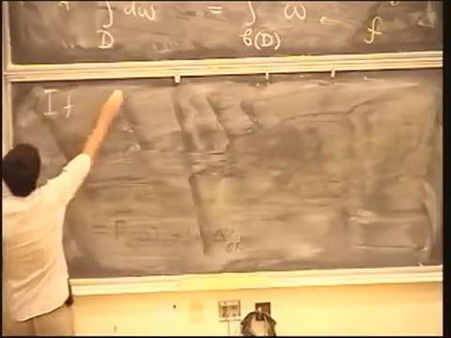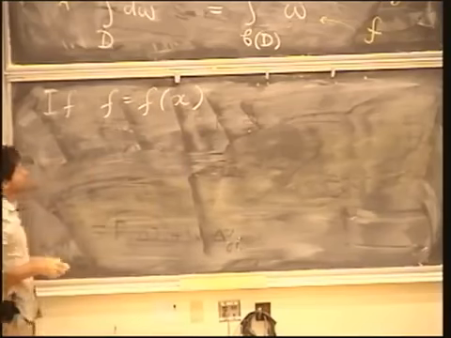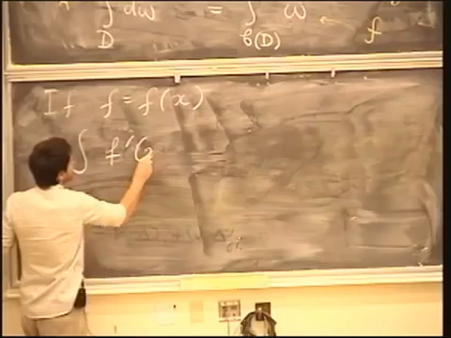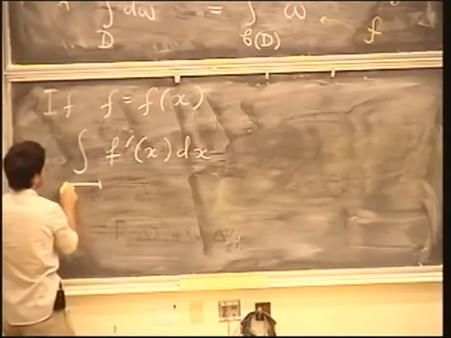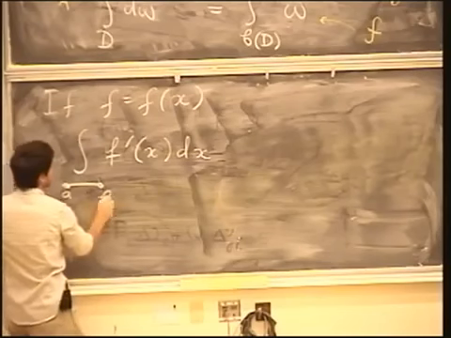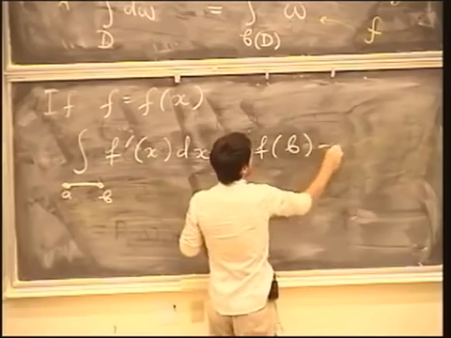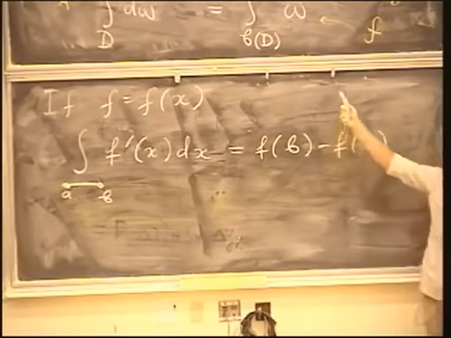If you have a function in one variable, then we have the formula like this, where you integrate over the line segment from A to B, and that's f of B minus f of A. So you see there's a clear connection between the two formulas.